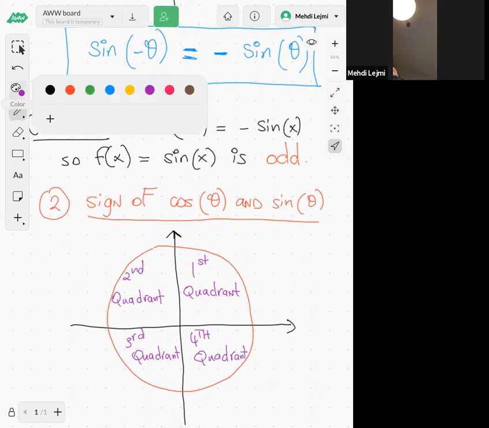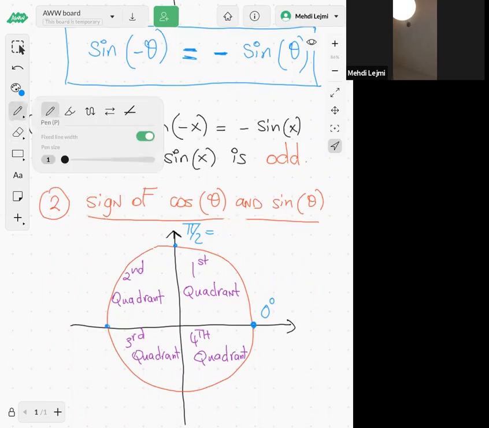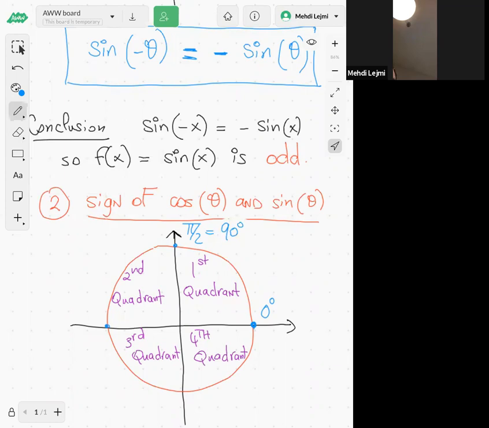Now, of course, as we discussed yesterday, this is the angle 0. This is the angle 90 degrees, so that's pi over 2. And then this is 180 degrees, so that's pi.